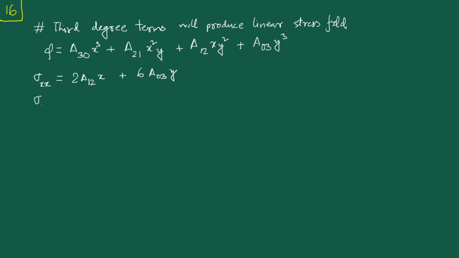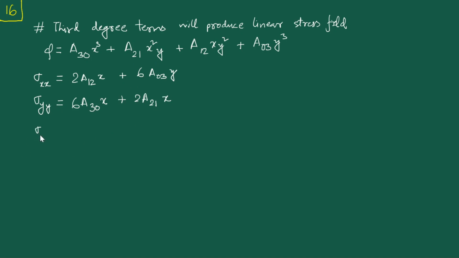Next, for sigma yy, we will have del squared phi by del x squared, which means I will have a contribution from the first term, the term involving a30. I'll get 6a30 x out of it, and from this term, twice a21 x.